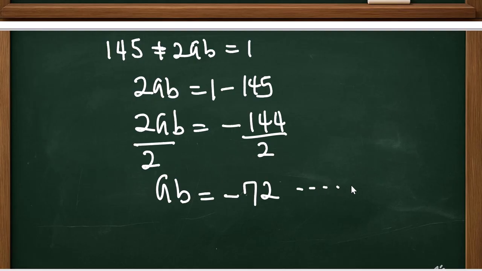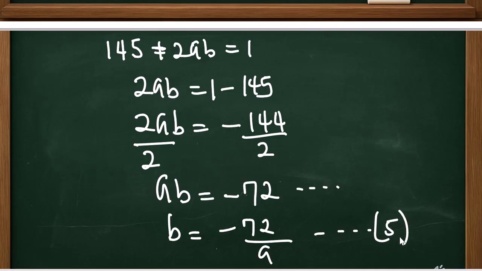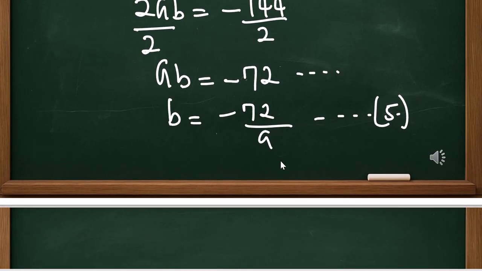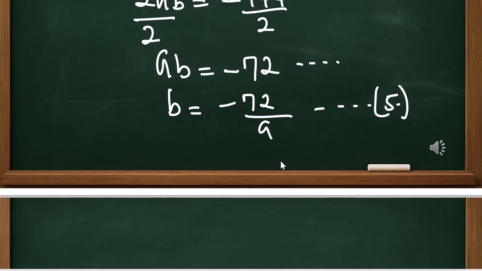This is going to be my equation 5. Or before I make this equation 5, I can say my b equals negative 72 over a. Let's make this equation 5. Now we've gotten b. Actually, not a real answer for b.